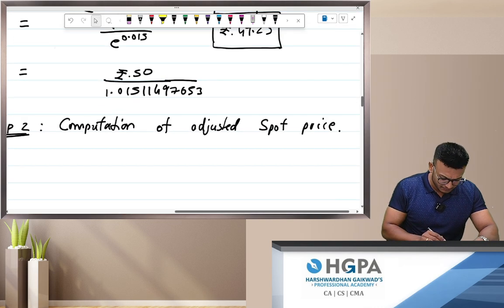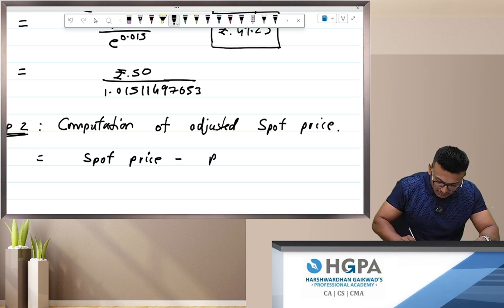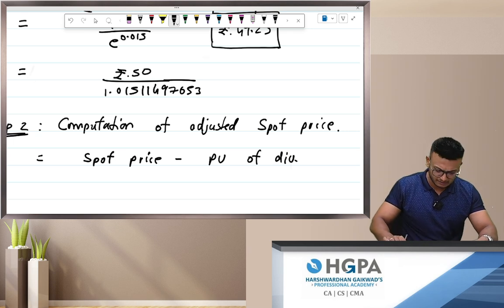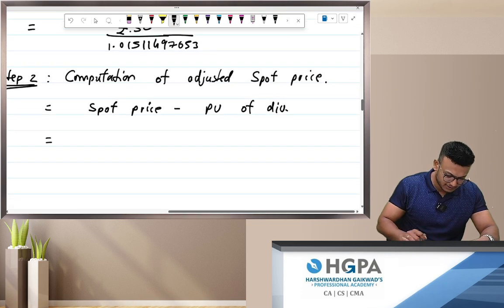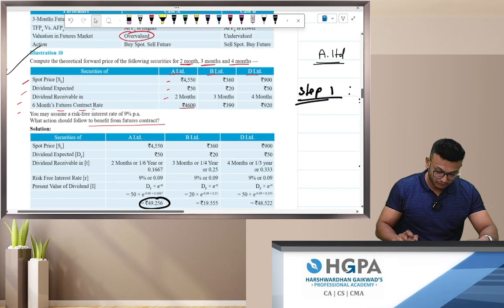Very, very simple. How will we do it? Spot price minus the present value of the dividend. How much is the spot price? Spot price is 4550.